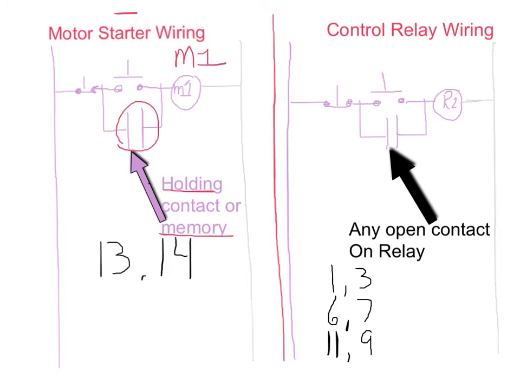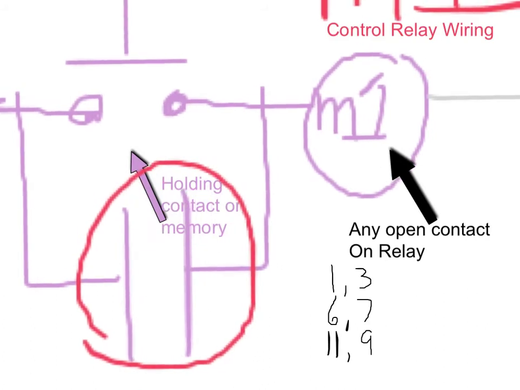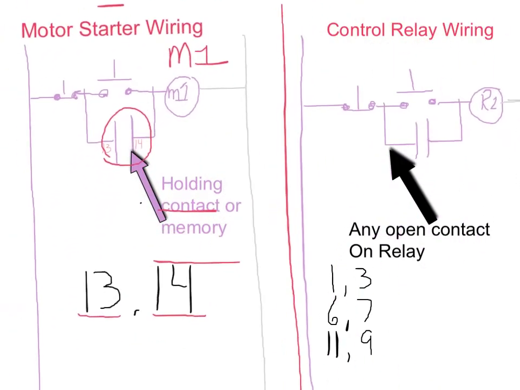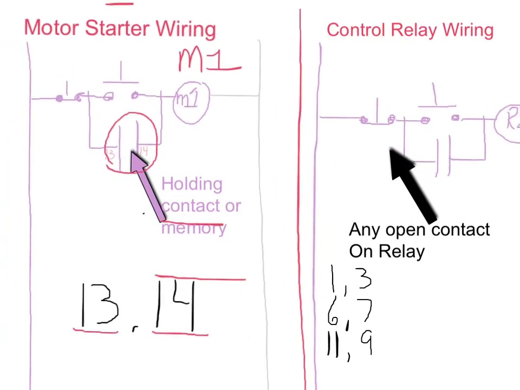When we're dealing with a motor starter, we're going to look at screw terminal 13 and screw terminal 14. Those will be important to us later on, and so what we'll see is if we were to blow this up, we're going to have number 13 right here, and number 14 right there. So that gives you a little bit of an idea of the numbering system that we're going to use.